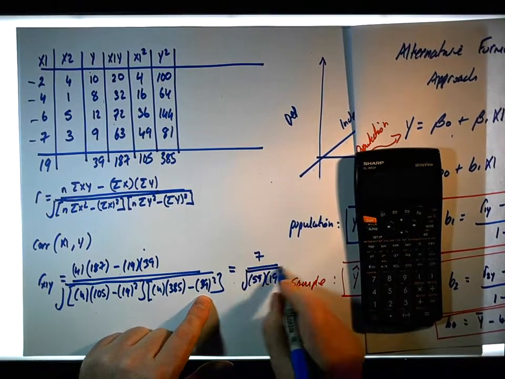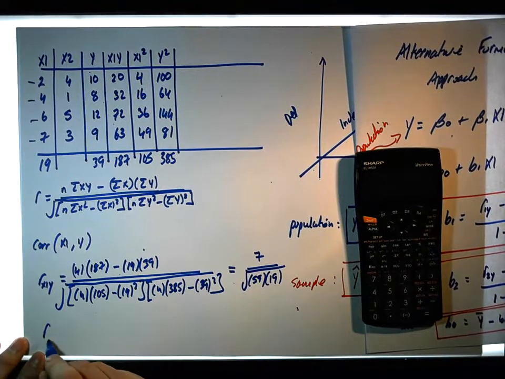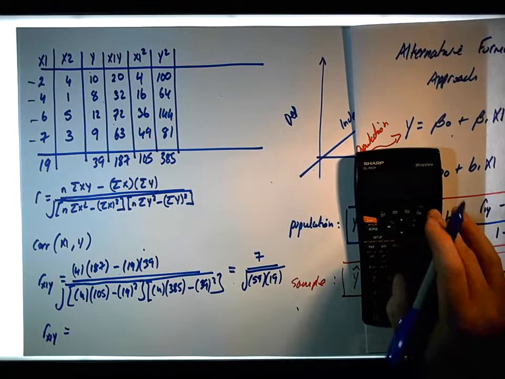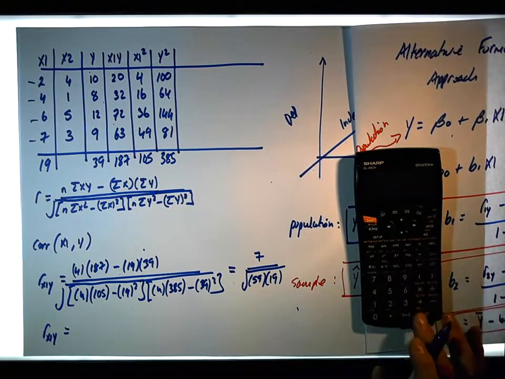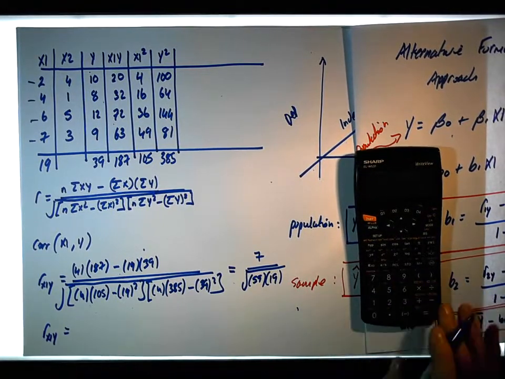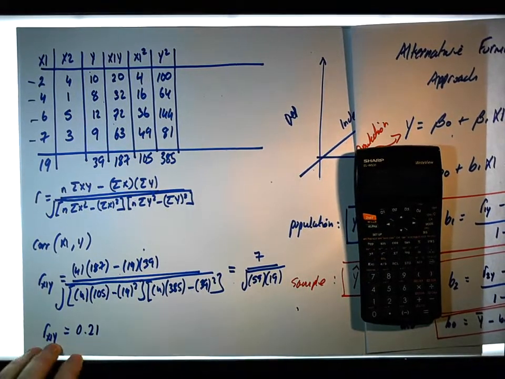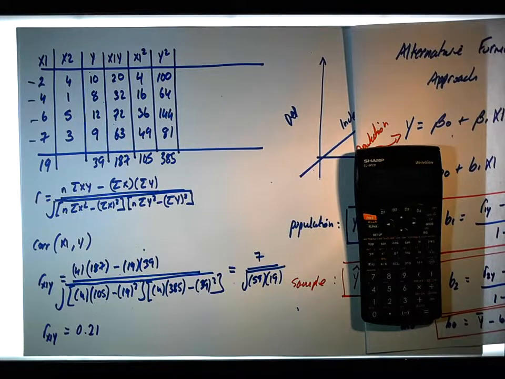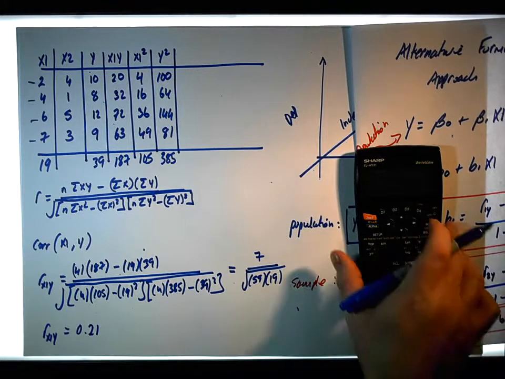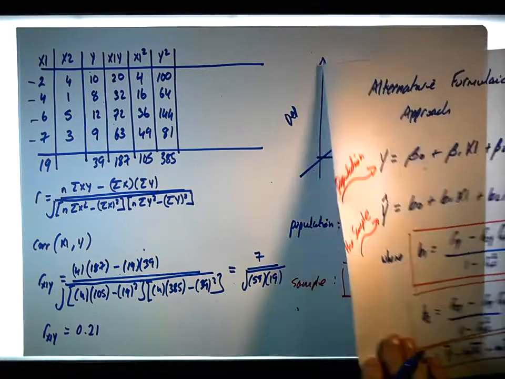And it's the square root of that. So the correlation between the first independent variable and the y is equal to 7 divided by the square root of 59 times 19, which gives us a value of 0.21. Okay, so there's a small correlation between those two. So that's the first one done.